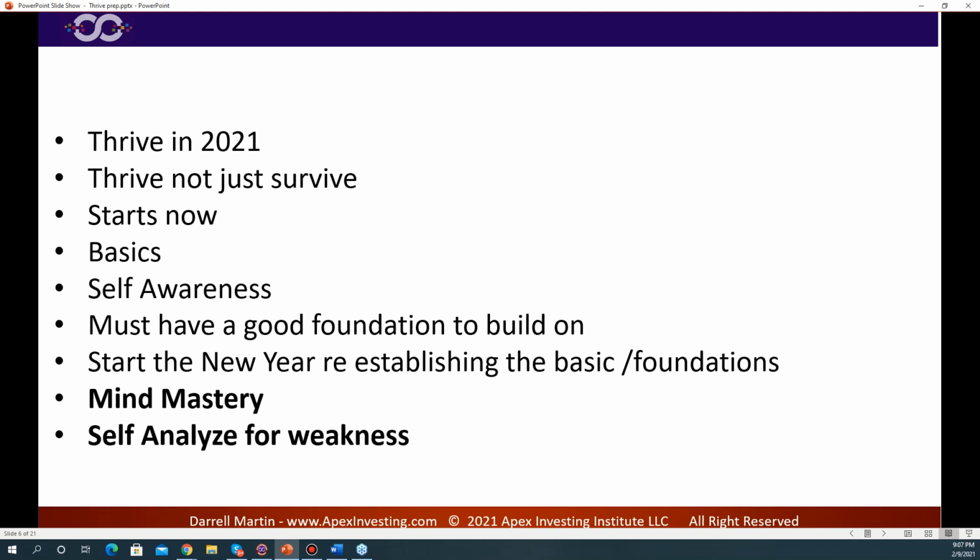Okay, and the Thrive online event is going to be all about the big picture, about bringing all the little pieces together, right? You've learned about OP, you've learned about walls and obstructions, you've learned about sniper, you've learned about simplicity. Some of you might have had the mind mastery course.